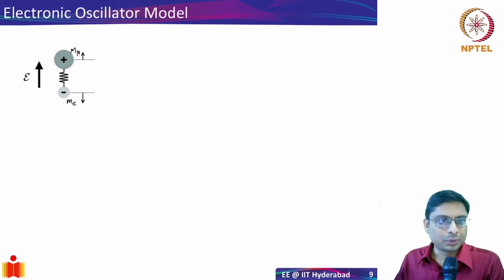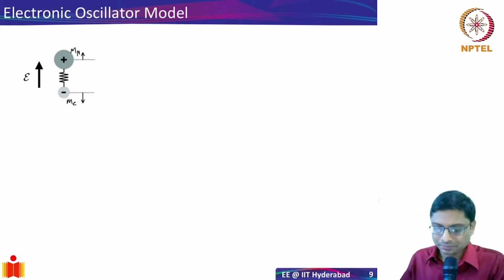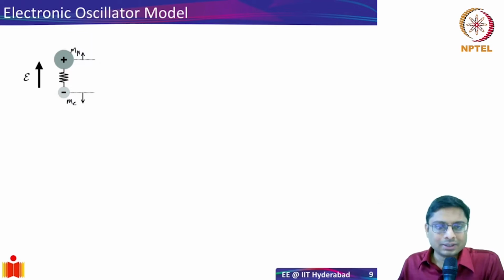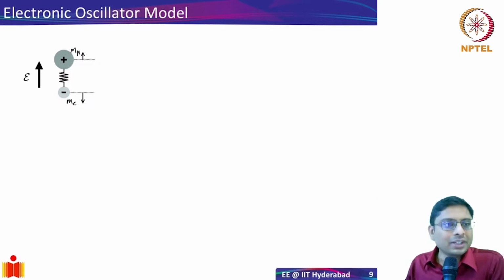What would you expect in this scenario? Of course, we understand that the electric field will drive the positive charge along its direction. Since the nucleus is heavy, we can think of that as fixed, and the electron is actually moving relative to the nucleus.